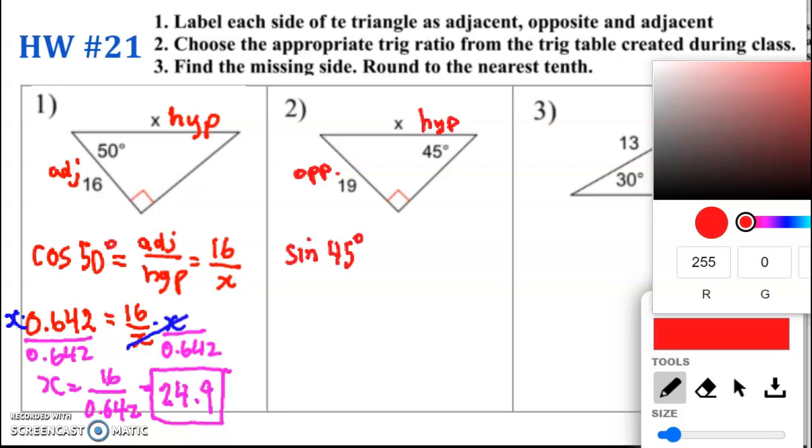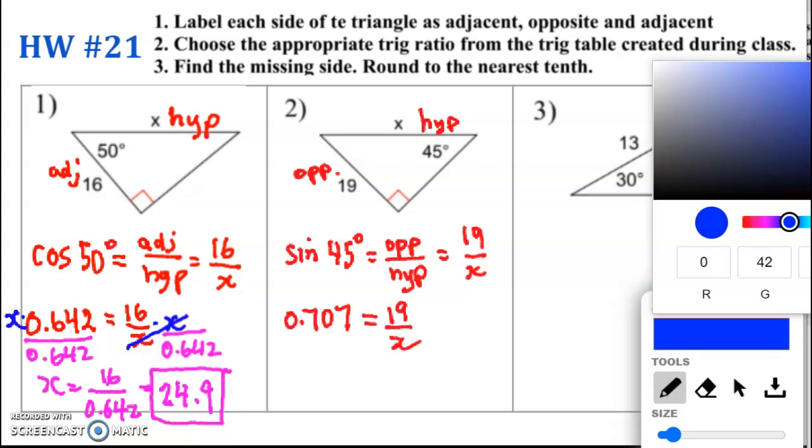I should put degrees there as well. It is going to be equal to opposite over hypotenuse. And again, hypotenuse is x and opposite is the 19 units. If I look at my table, sine of 45 degrees is 0.707. So 0.707 is going to be equal to 19 over x.